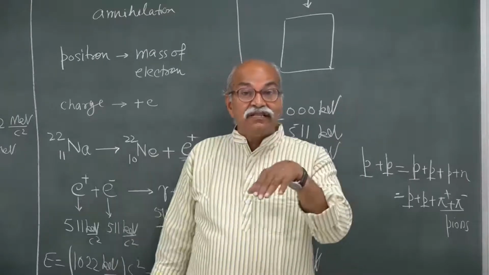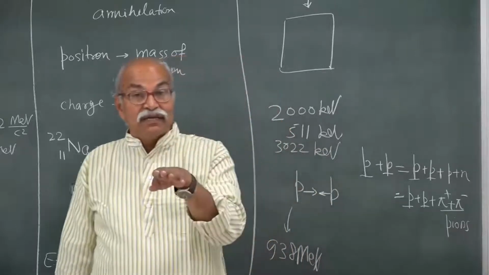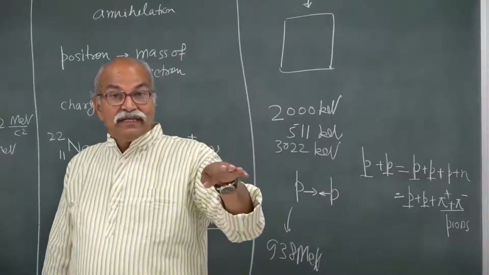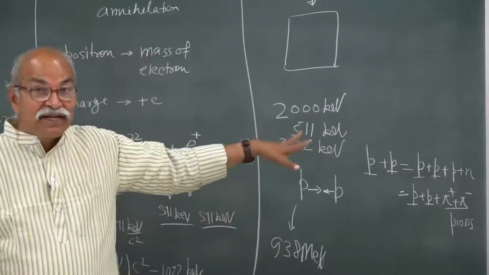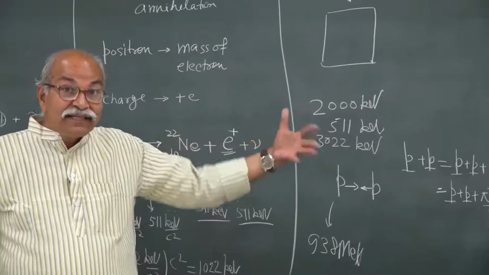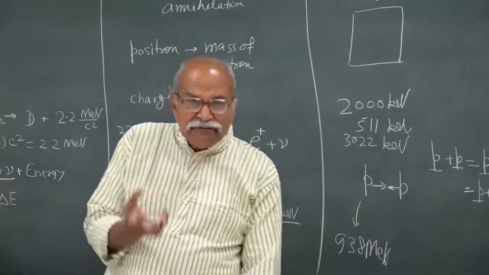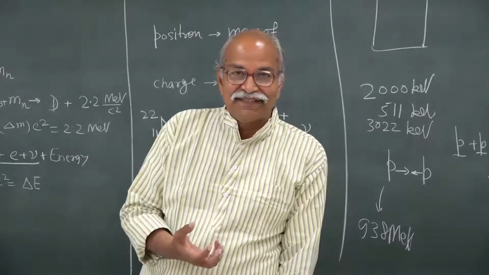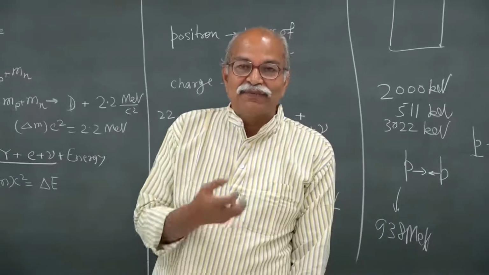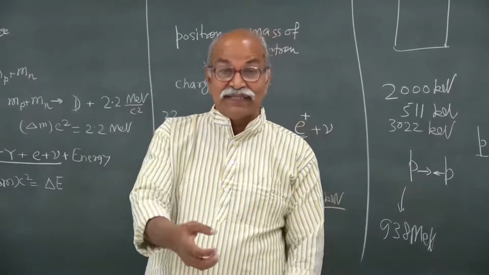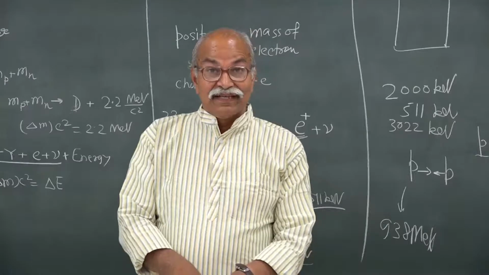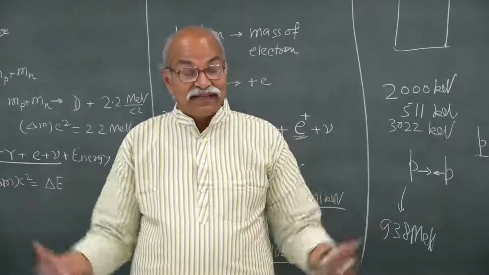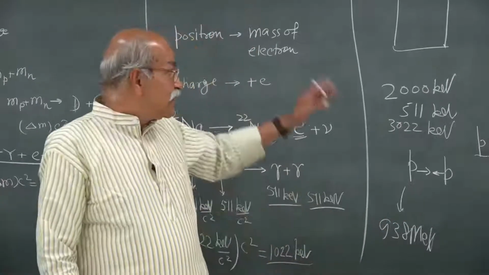So, that conversion of energy into mass and mass into energy is very much real, and in that sense mass itself can be called a condensed form of energy. So, m into c square, rest mass into c square, is the rest mass energy, and on top of it you can have kinetic energy, and then you can combine all those things.